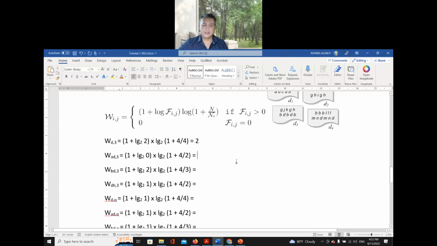What is the value for this? Zero. What is the value for this?